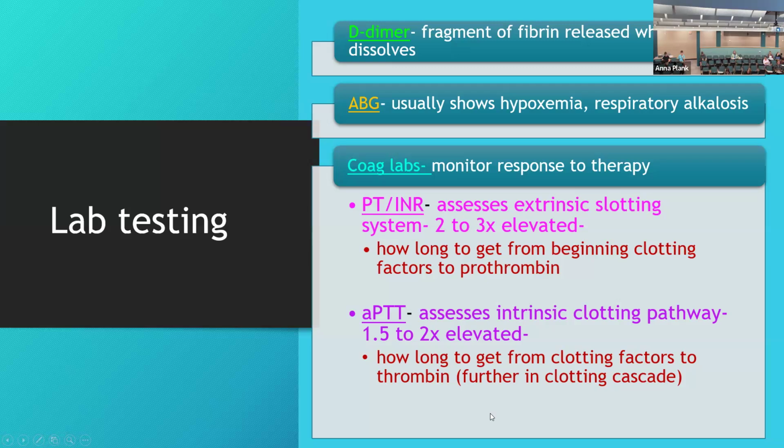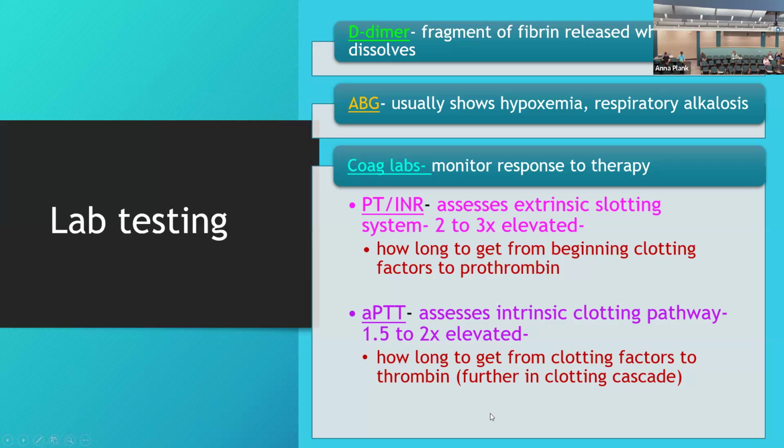On the bottom, you're going to see numbers 1, 2, 3, 4, 5, 6. Those correlate to different medicines and where the medicines work in this process. Number 3, which is heparin, works from factor X to factor Xa, so it keeps thrombin from even being formed. It's going to slow that part down.